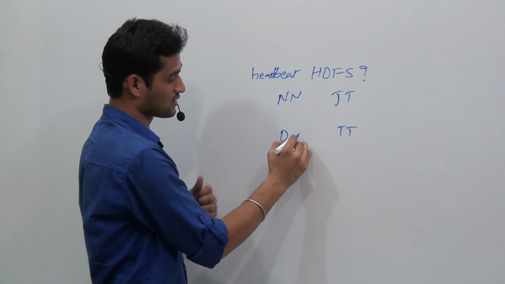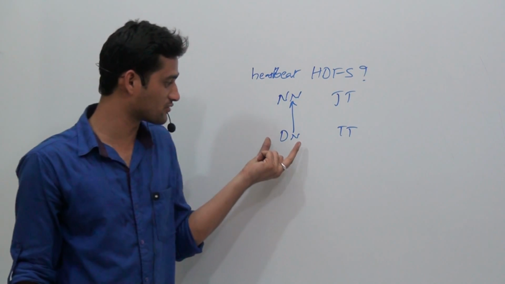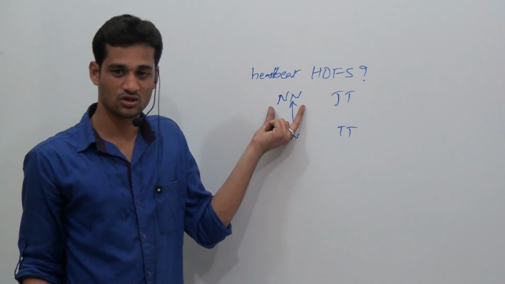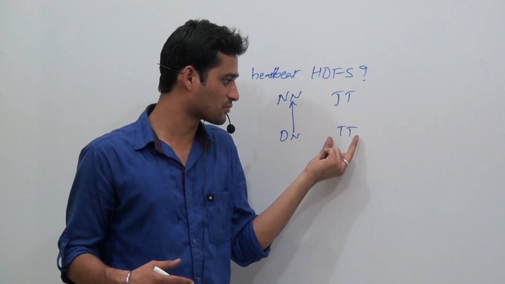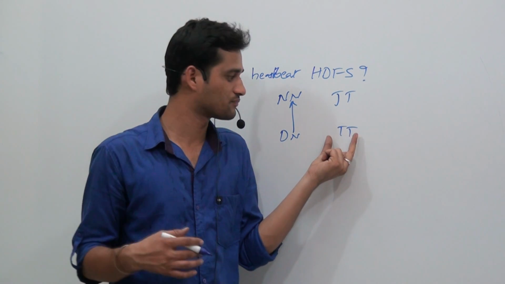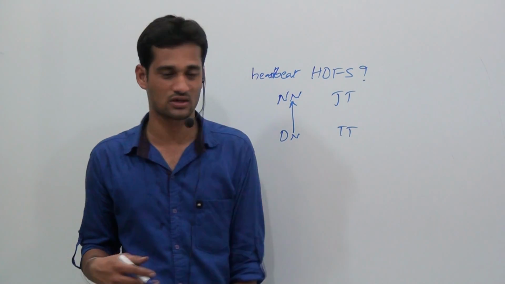Name node is giving some heartbeat to this data node. Data node is giving some heartbeat to this name node to say that it is alive. Job tracker is receiving some heartbeat from this task tracker to identify whether the task tracker is working or not.